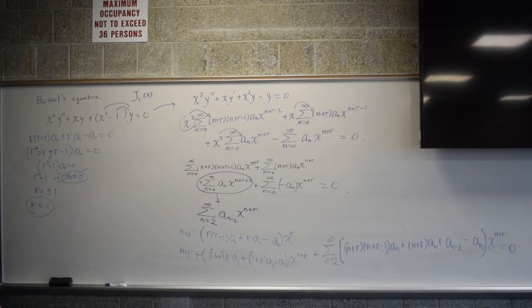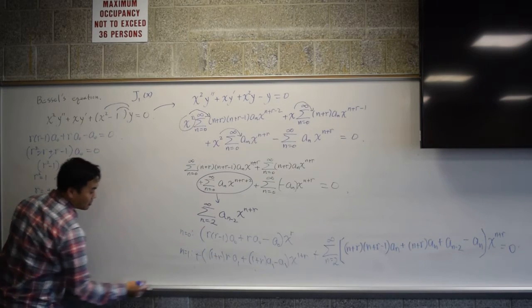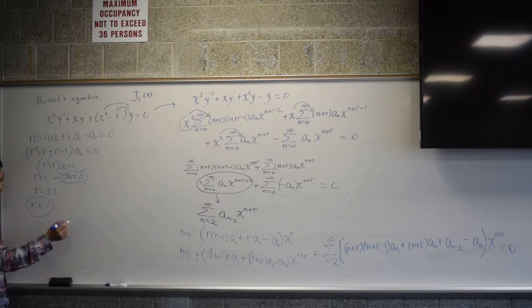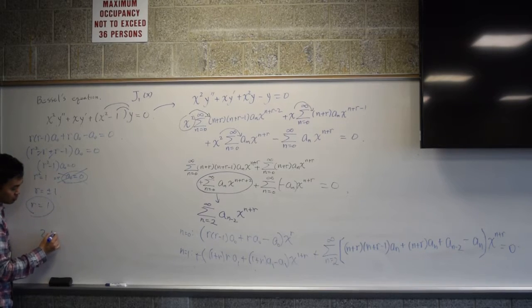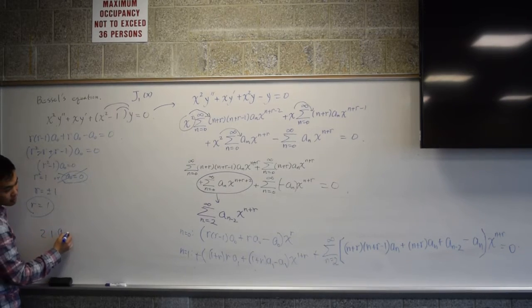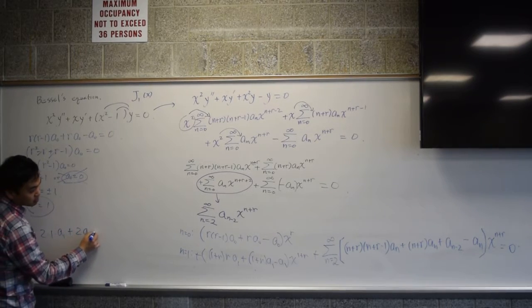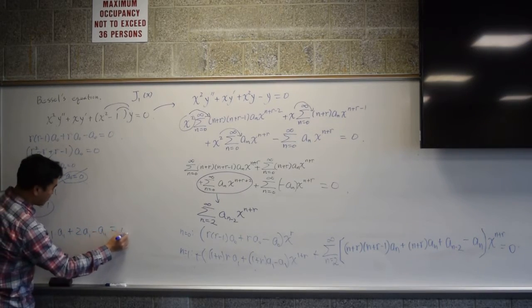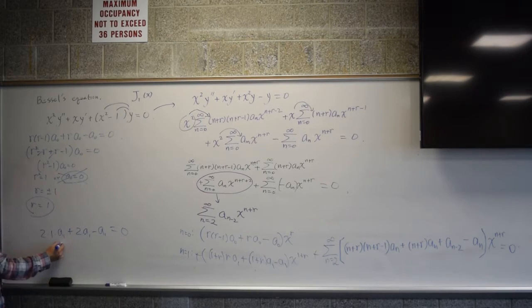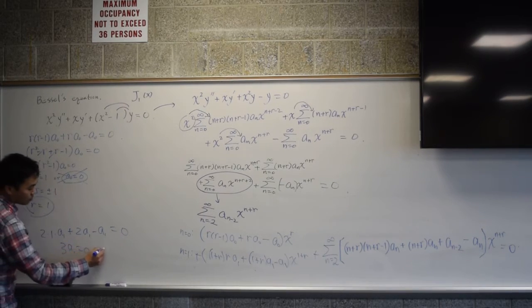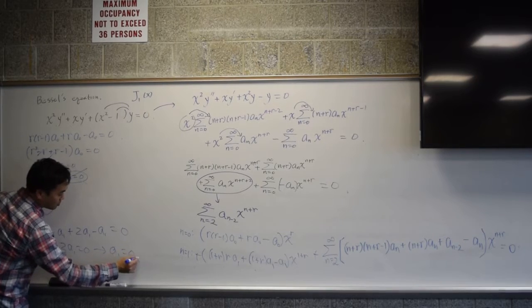Which helps us a lot, because if r is 1, then the second equation right now is what? 1 plus 1 is 2 times 1 times a1, plus 2 times a1, minus a1 has to be 0, right? And that's 3a1 equal to 0, so you get a1 equal to 0.